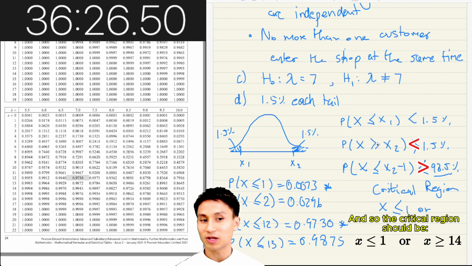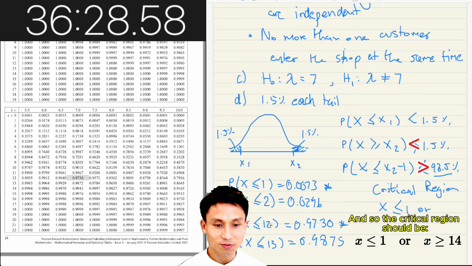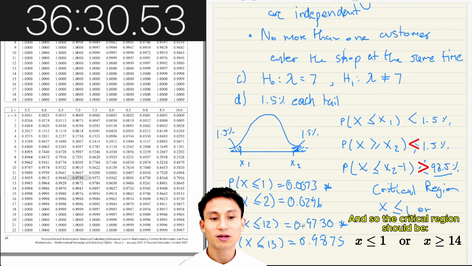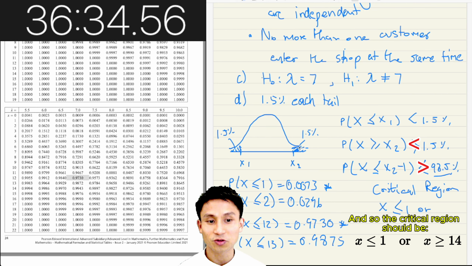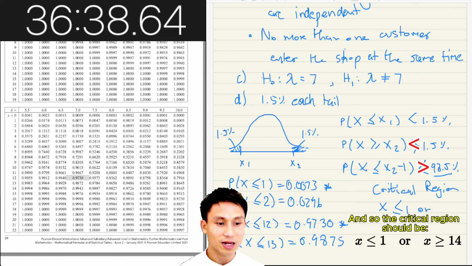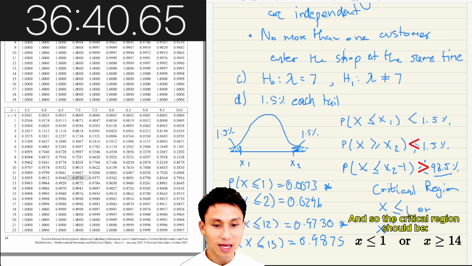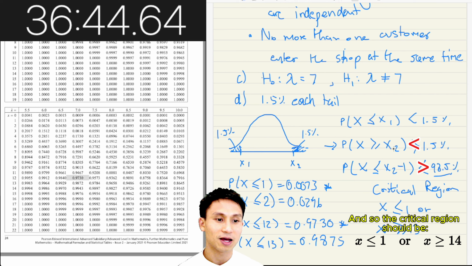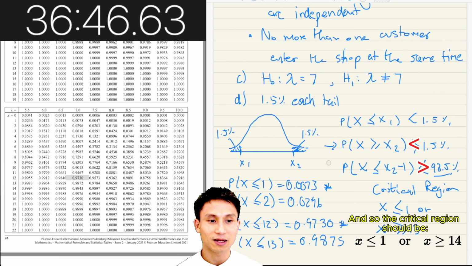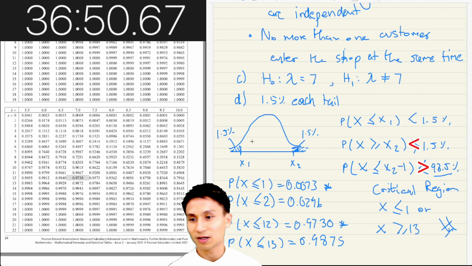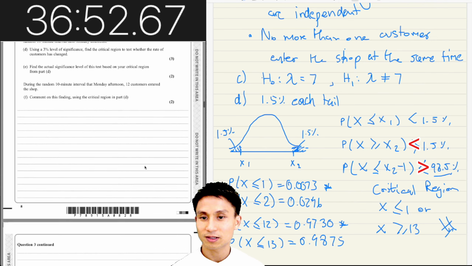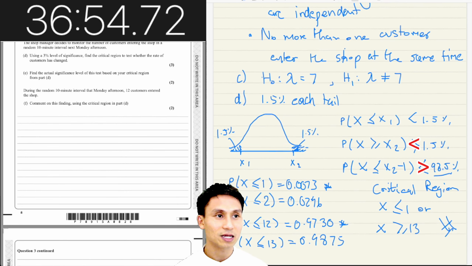We got to flip to the other side. So you got to add 1 to this. When you found the probability that satisfies your significance level, you got to flip this number and add 1. So the other part would be X greater than or equal to 13. Because when we flip to the other part, that has to be greater than 1 from the other side. So this will be my answer here, right? Critical region. Yeah? Just going to go ahead and do the next question.